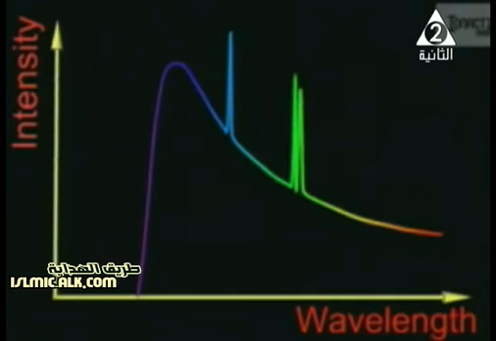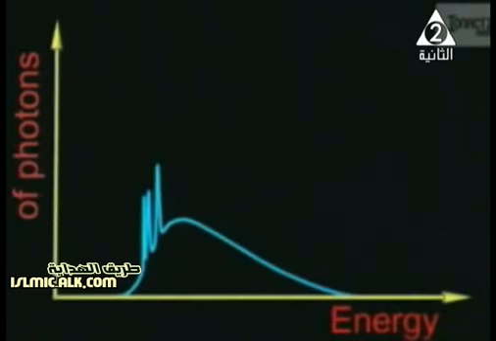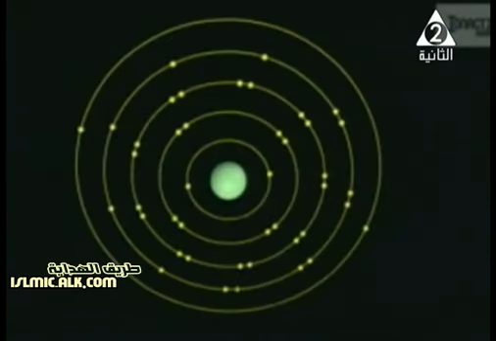The line spectrum is produced when electrons from the inner energy levels are removed. So we've got vacancies here. Electrons from the innermost energy levels are removed completely by the bombarding electrons.